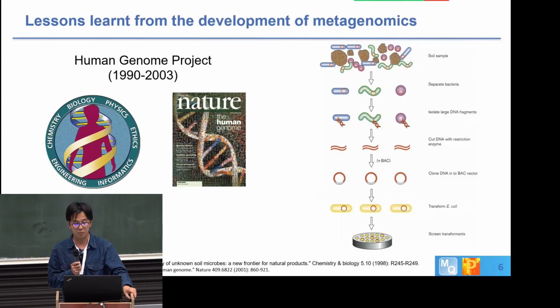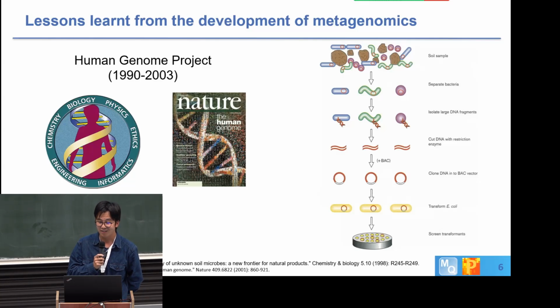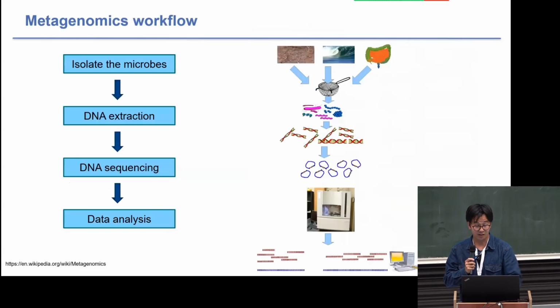The draft of the human genome was published in 2001. So they were really ambitious to dream in 1998, and it actually came true in less than 10 years.